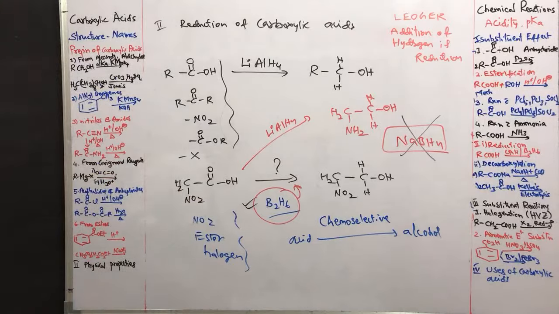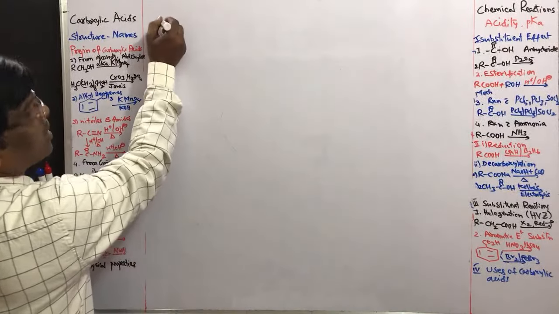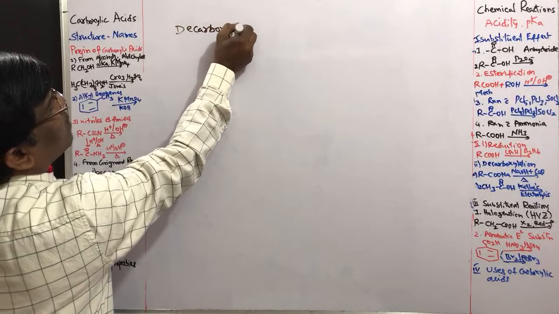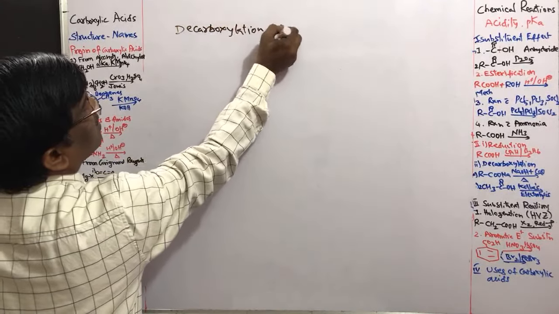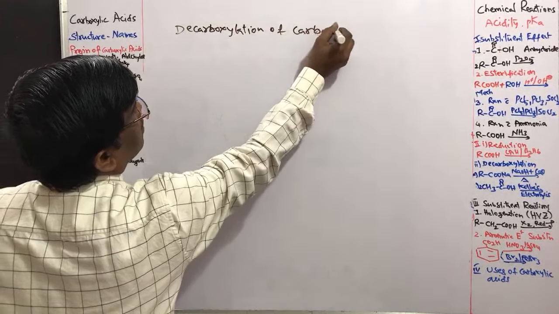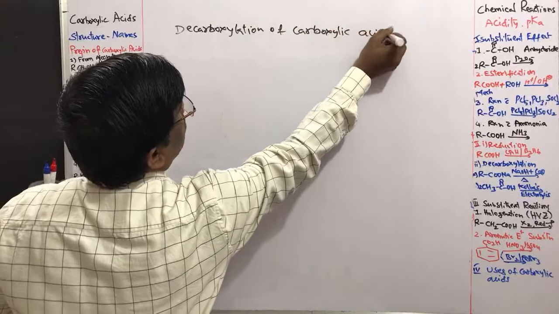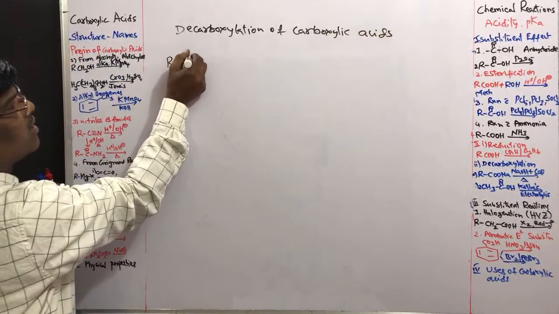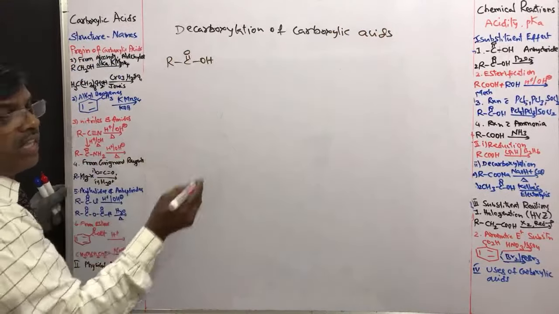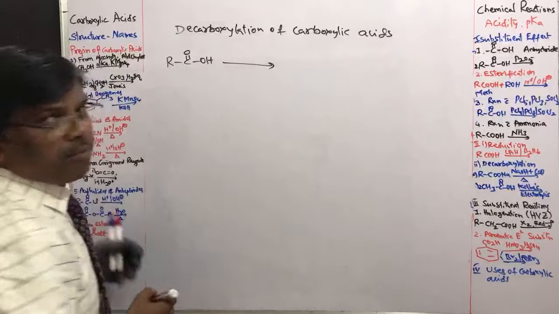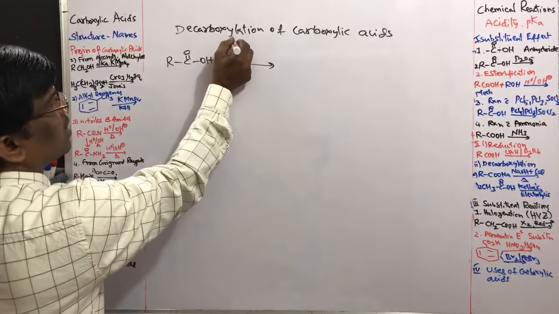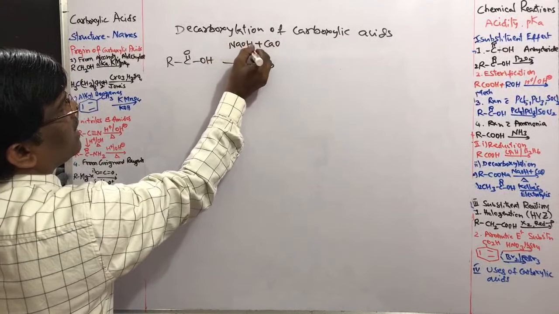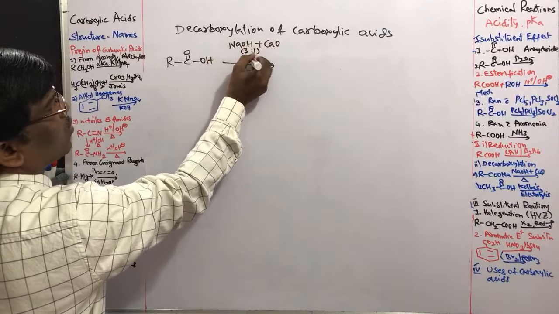Next is decarboxylation. Decarboxylation of carboxylic acids. When I treat acid with base or soda lime, soda lime is a mixture of NaOH plus calcium oxide in a 3:1 ratio, known as soda lime.